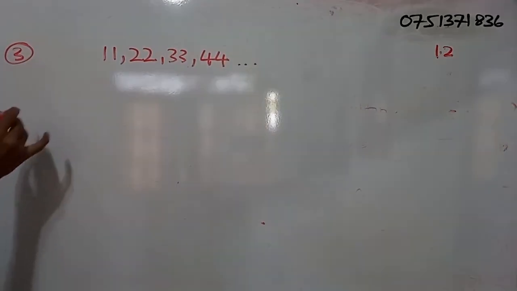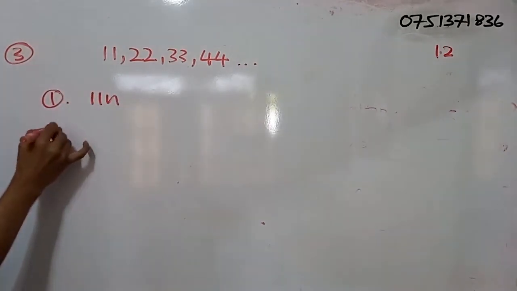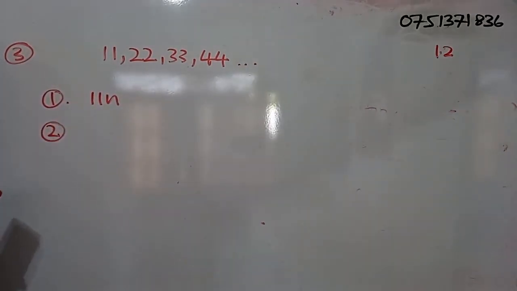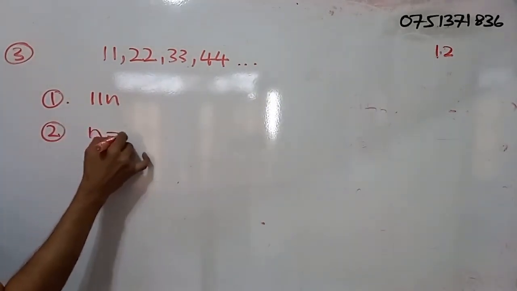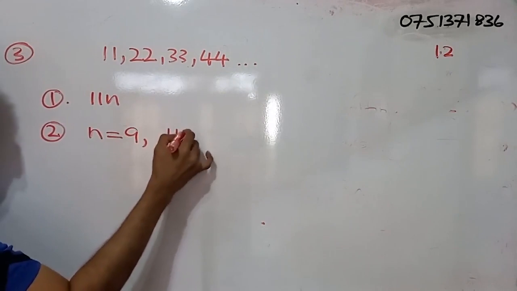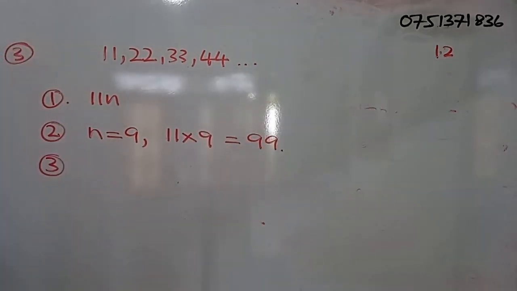They are asking what is the general term? What is it? 11n. Part 2. What is the ninth term? Ninth term means n will become 9. So 11 into 9, that is 99. Part 3. Which term is 121?